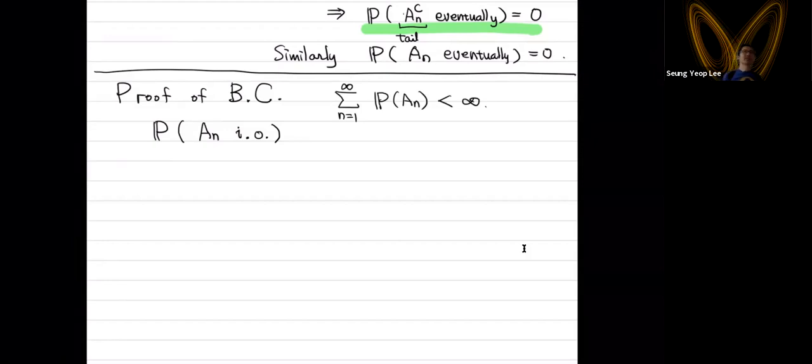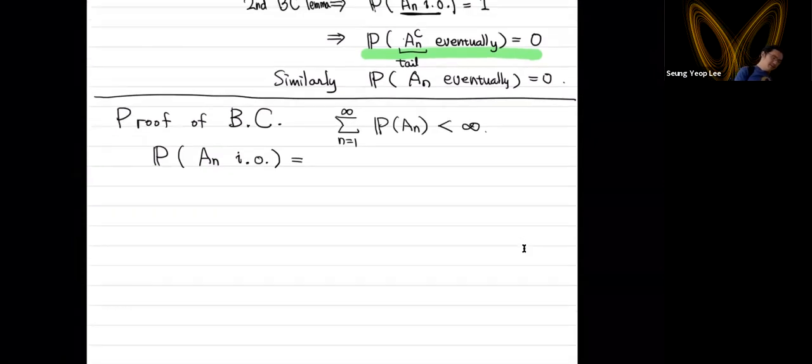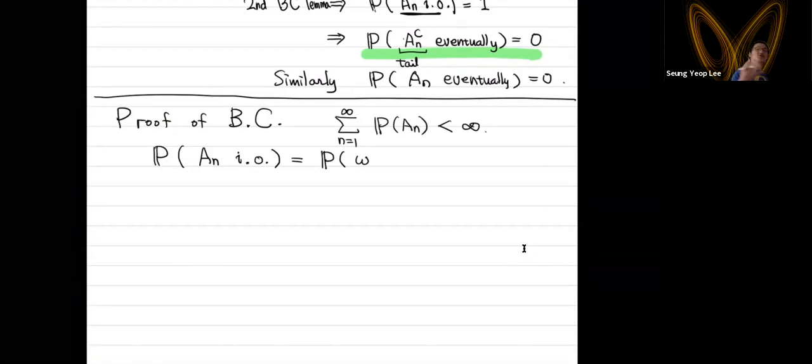What does infinitely often mean? Let me write it this way. Our sample omega: this means that if you choose a random sample, then it belongs to this event infinitely often.